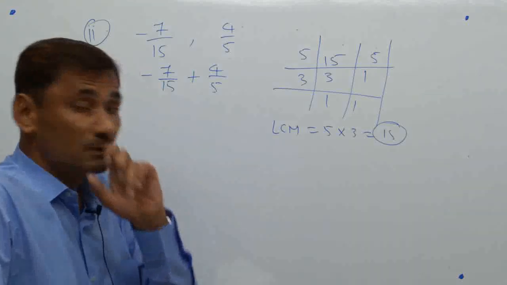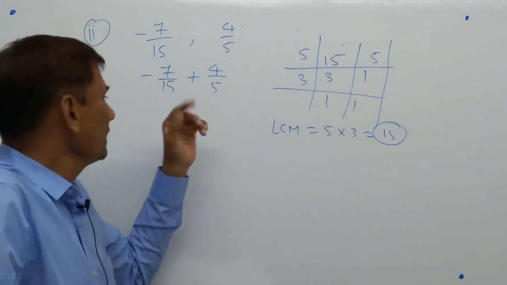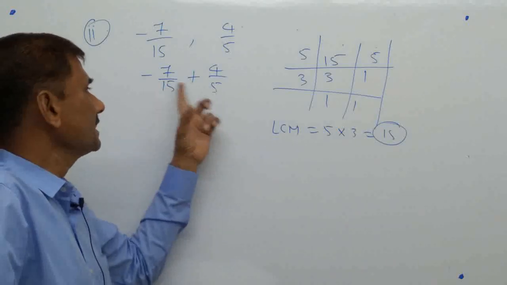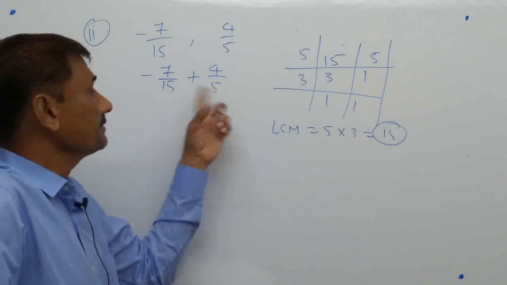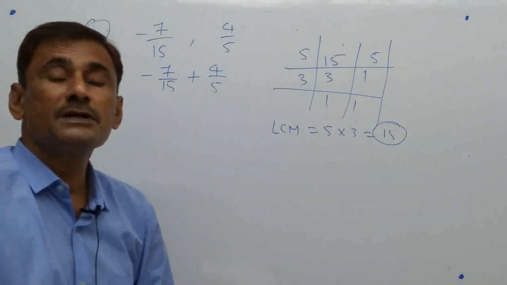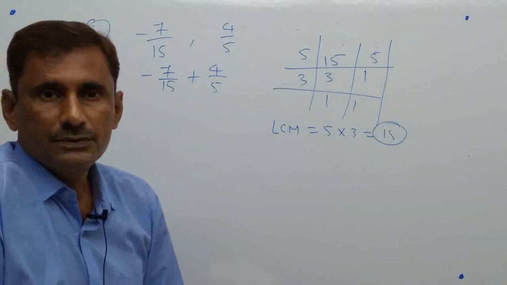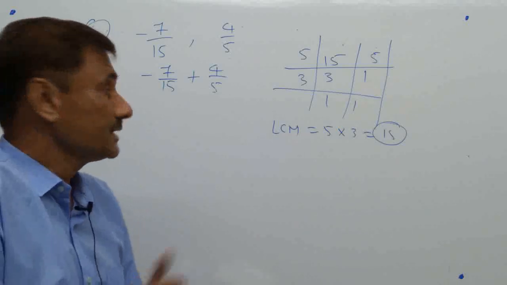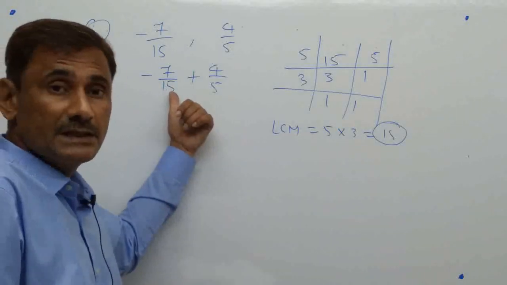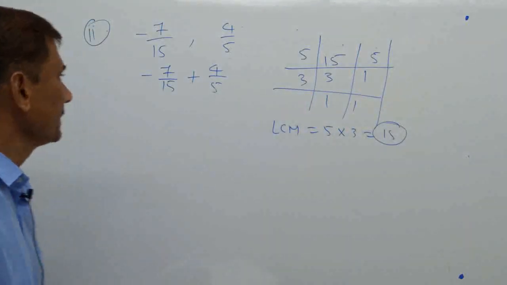Another way is also here: if bigger number is a multiple of the smaller number, then the bigger one is itself the LCM. Understood? At that time the bigger number is the LCM itself, so no need to find it here.